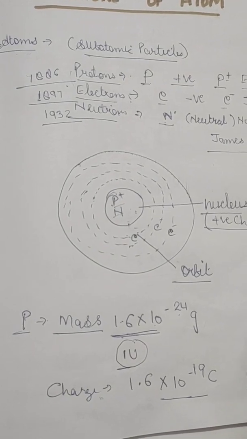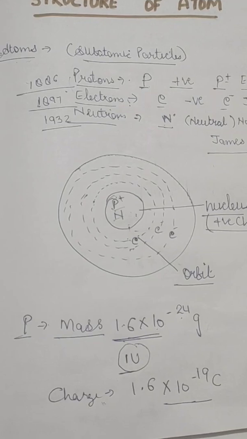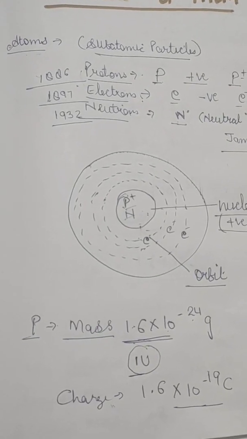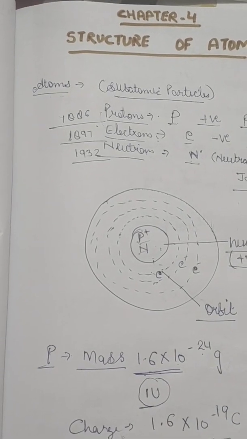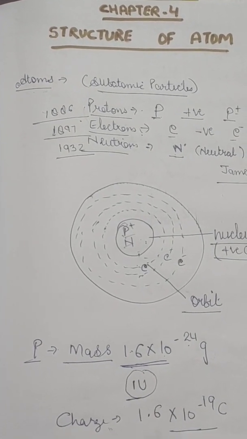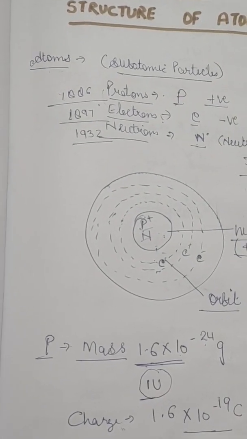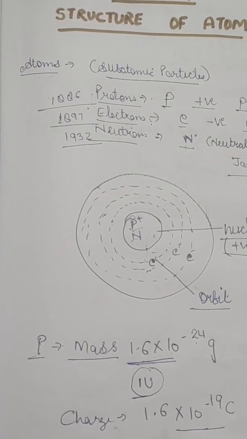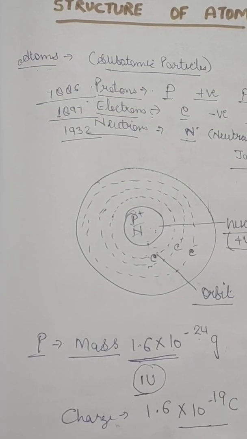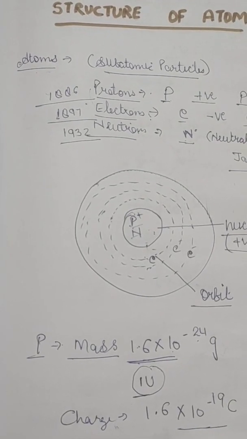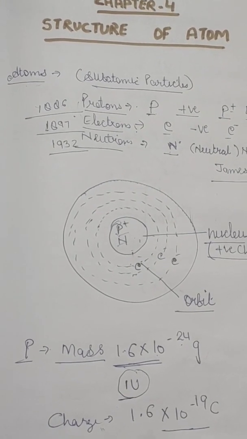Or in the winters, whenever we wear woolen sweaters and take them out, we feel that the hairs on our hands rise up with the woolen sweater. That is because of charge build up. Because we comb our hair, it produces electric charge, and the electric charge attracts the tiny bits of paper. So that means all matter is made of some kind of charged particles.